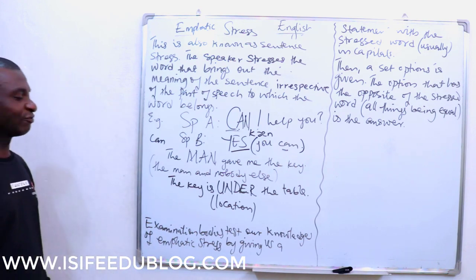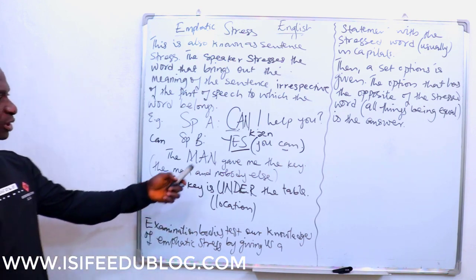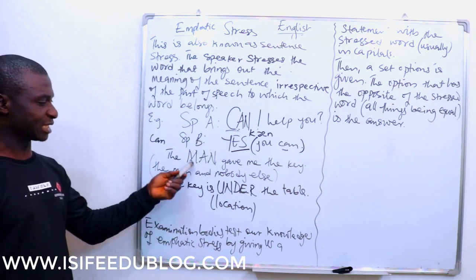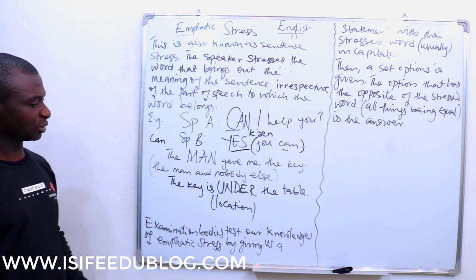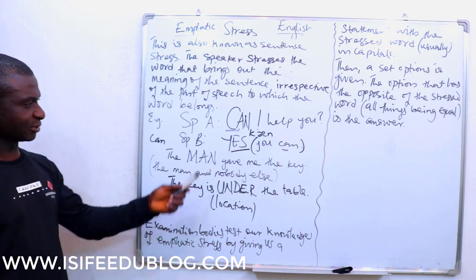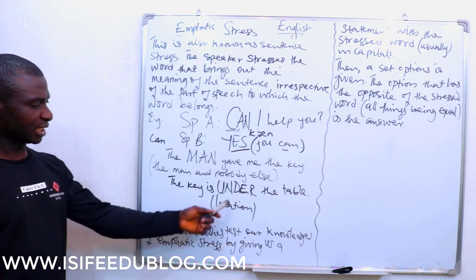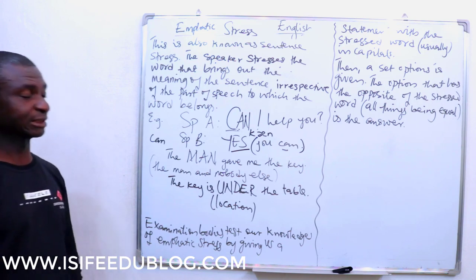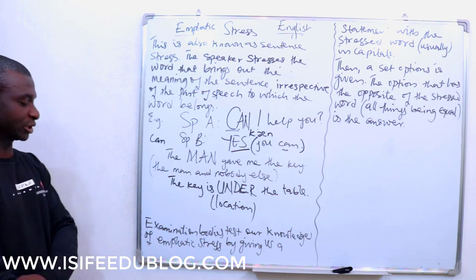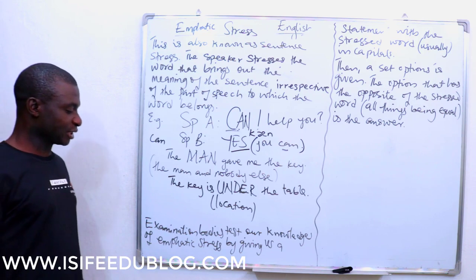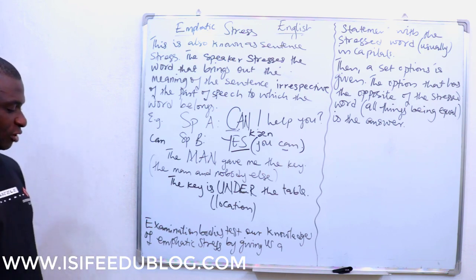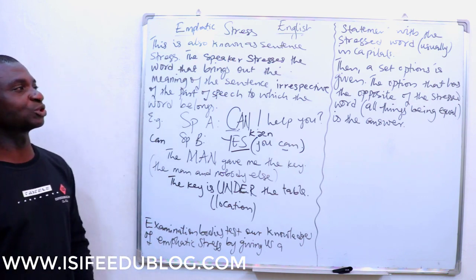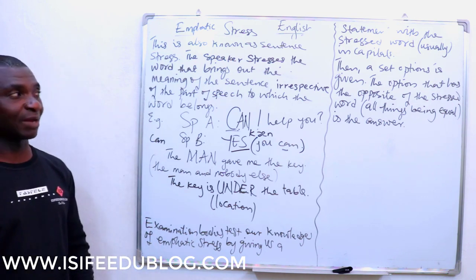That is emphatic stress. This place we stressed a verb. This place we stressed a noun. This place we stressed, if you like, an interjection. Here, a preposition. So different parts of speech can be stressed in emphatic stress or sentence stress. Examination bodies test our knowledge of emphatic stress by giving us a statement with the stressed word usually in capitals.